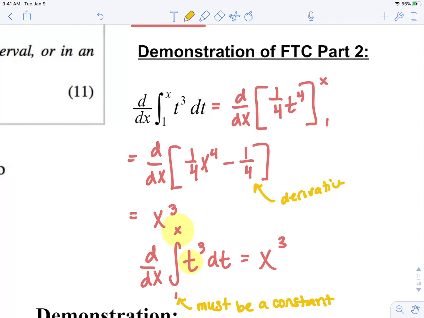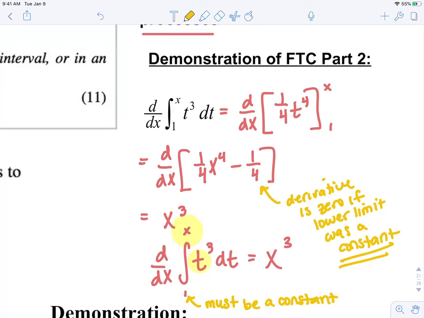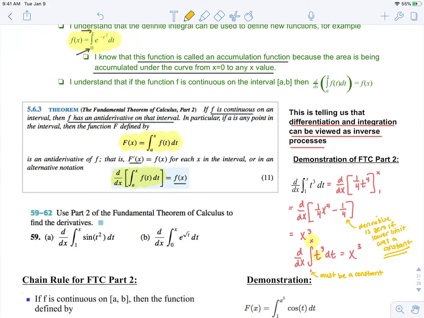Derivative is 0 if the lower limit was a constant. So we can see anytime we take the derivative of an accumulation function, we take this variable and plug it in for the one in the initial function.